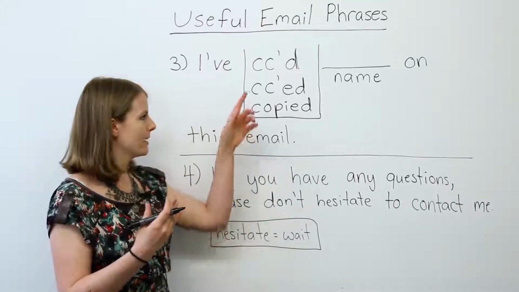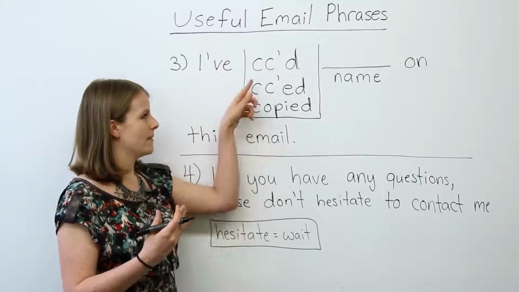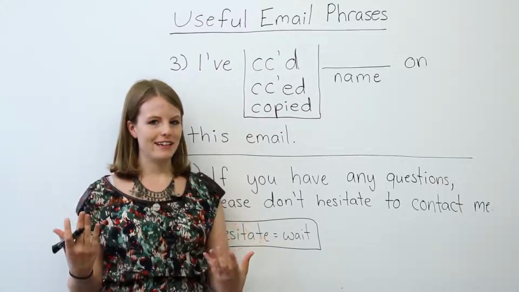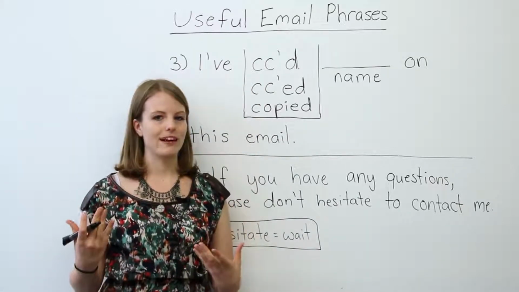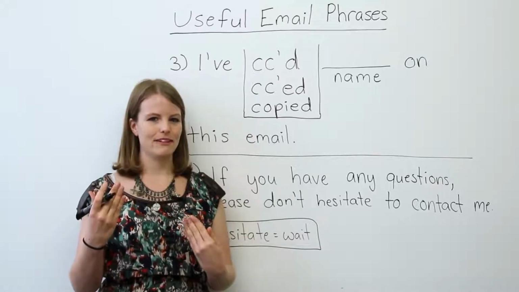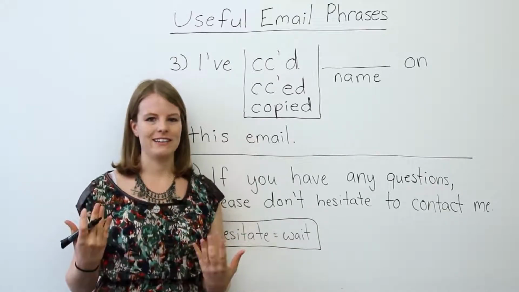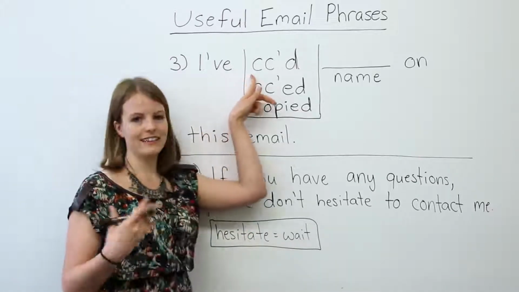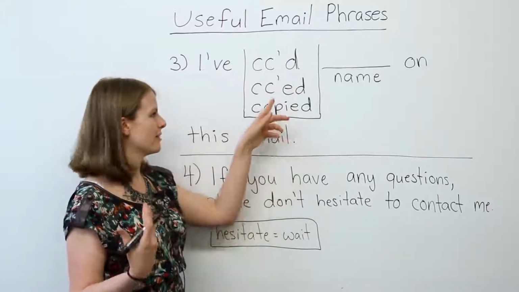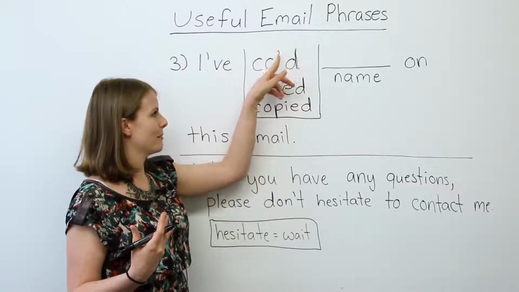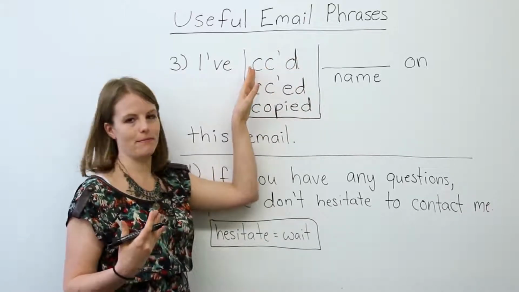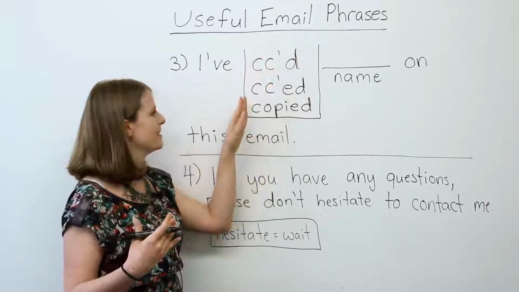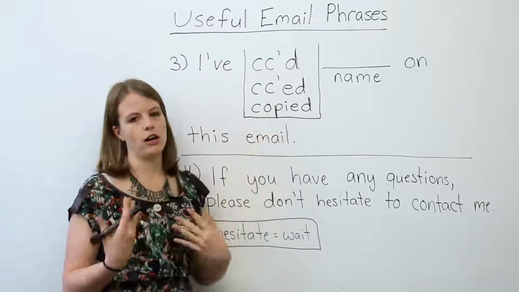Okay, so there are 3 different ways to write this. Remember, in business writing and informal writing for emails, we really want emails to be short and to the point. We want them to be concise. So that's why you may see CC'd, not as a word, but just with an apostrophe D, meaning the past participle, CC'd or copied.